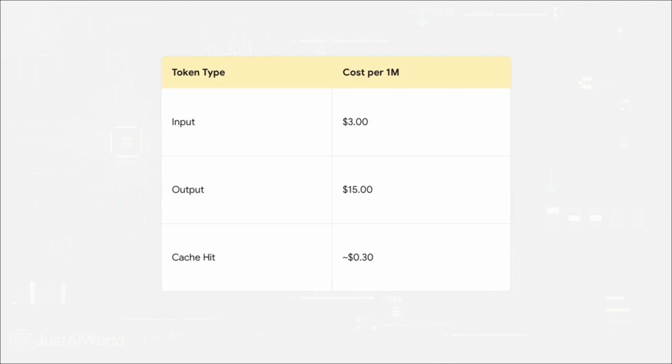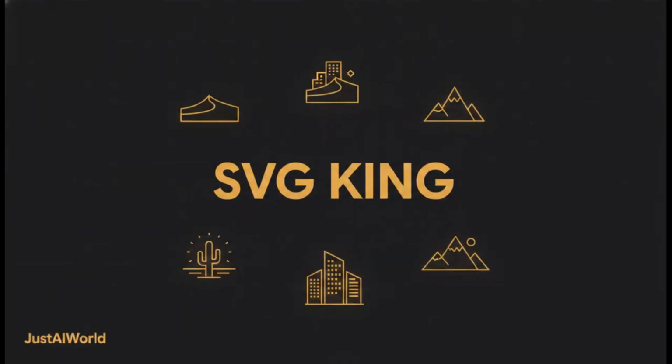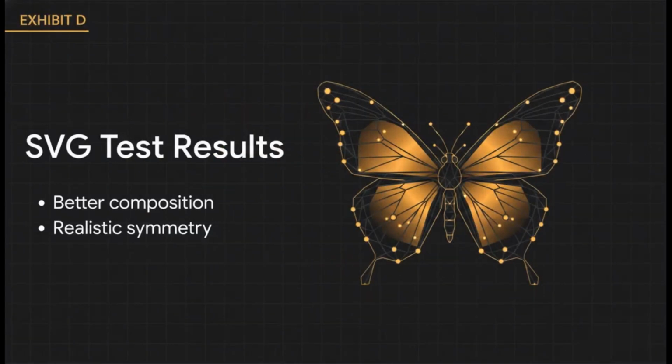Before we get to the final verdict, there was one more visual test where K3 absolutely dominated, easily earning the title of SVG Generation King. Scalable vector graphics were put to the test across desert landscapes, city skylines, houses, and mountain ranges. In every single prompt, K3 showed much better composition and visual depth than Fable 5.